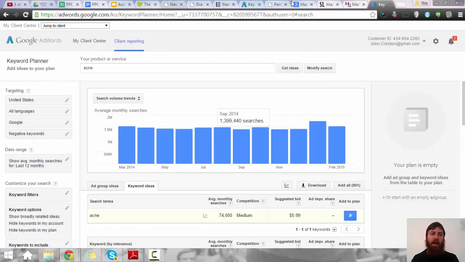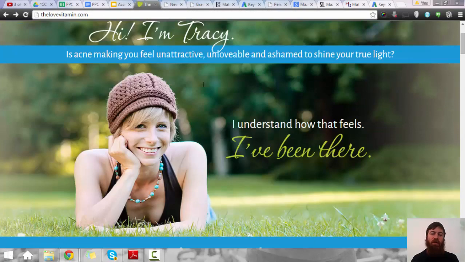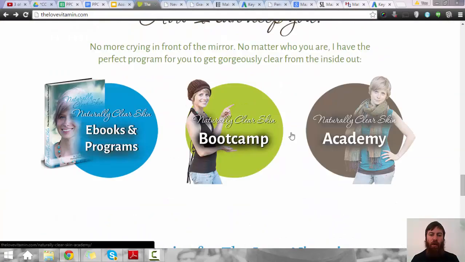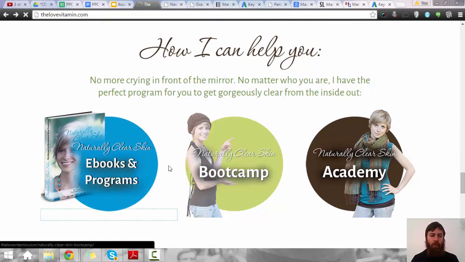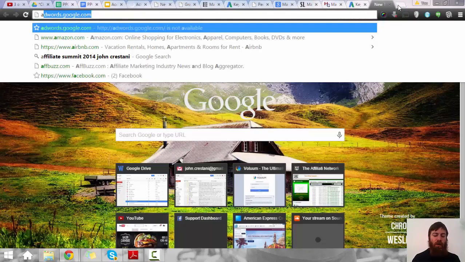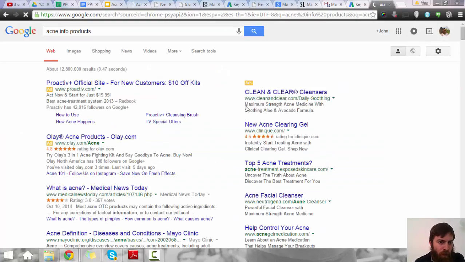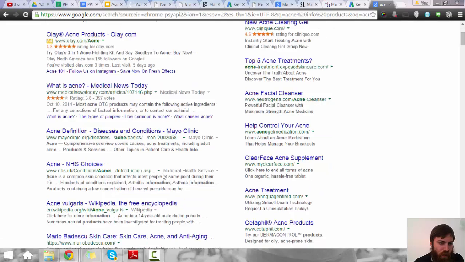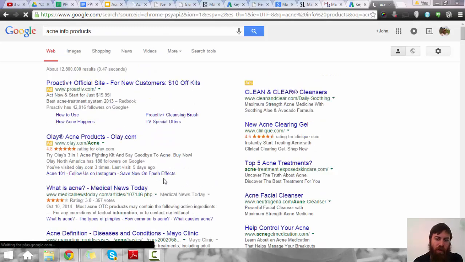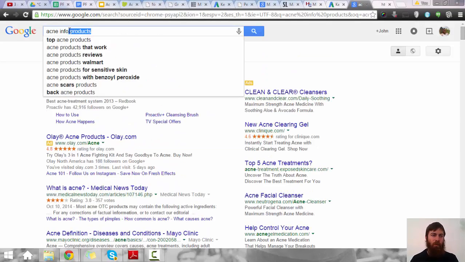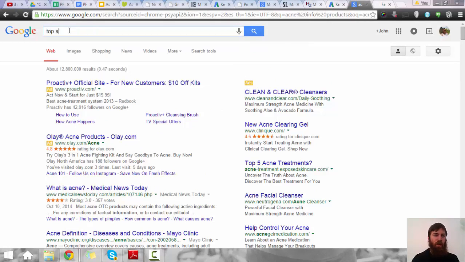So I want to look at other sites that are similar to the Love Vitamin. Obviously, it's an acne info product. Naturally clear skin. So, acne info products. Let's see if there are any top acne do-it-yourself guides.